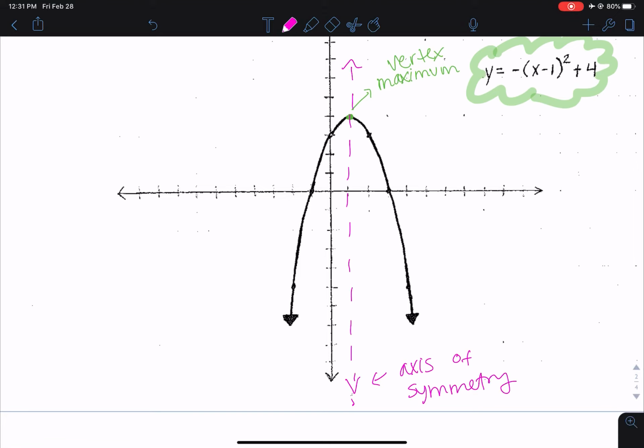And what I forgot to mention above, I'm so sorry, the axis of symmetry actually has an equation. The axis of symmetry is going to be x equals the number that it cuts through. So if you go to the x value right here, that's 1. So the axis of symmetry, the equation of the line, is x equals 1.